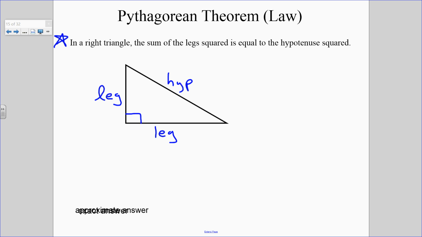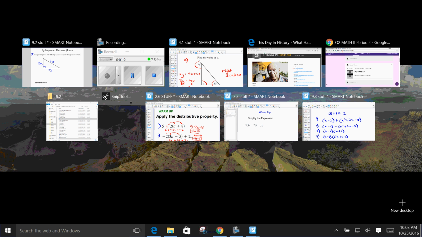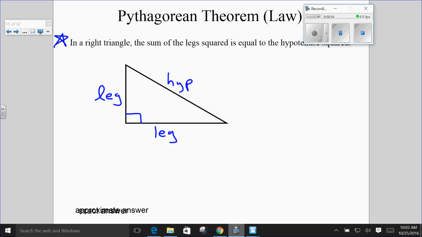Recall the two sides that make up the right angle are called the legs. And the third side that's opposite the right angle is called the hypotenuse. I just abbreviated HYP for hypotenuse for now. We got a leg, and hypotenuse.